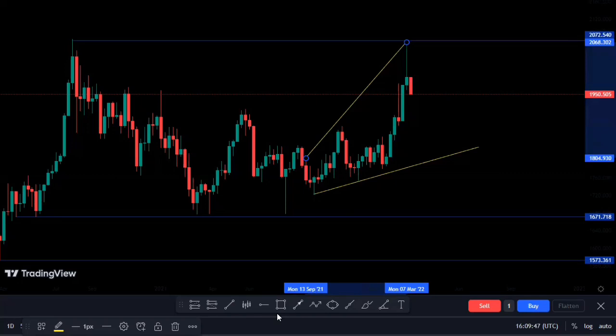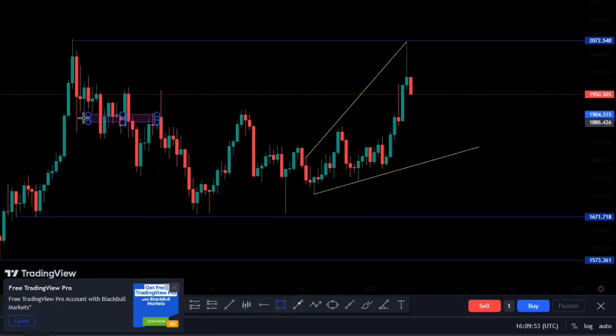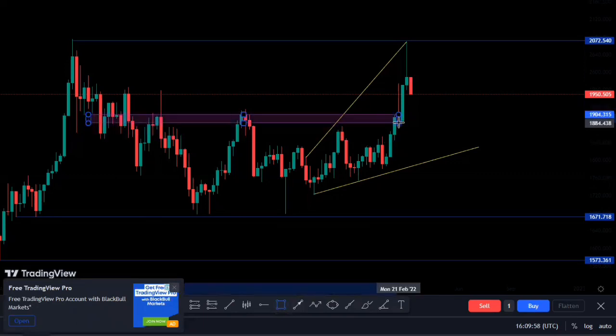Either it is at a level where the market managed to come previously and respect the zone. You can see here, hence the market managed to go to the downside.